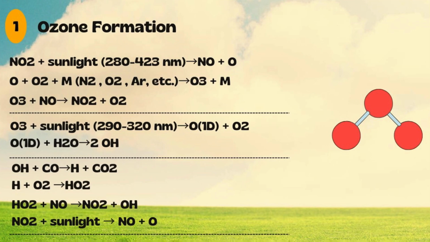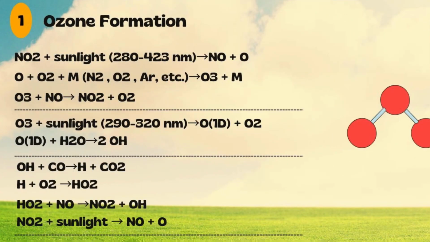Later, Professor Blacet, chemistry professor at the University of California, Los Angeles, was the first to point out that NO2 photolysis was responsible for the production of oxygen atoms in the troposphere. This led to the realization that the following chemistry was responsible for both the production and loss of ozone in the troposphere. So let's see these reactions.